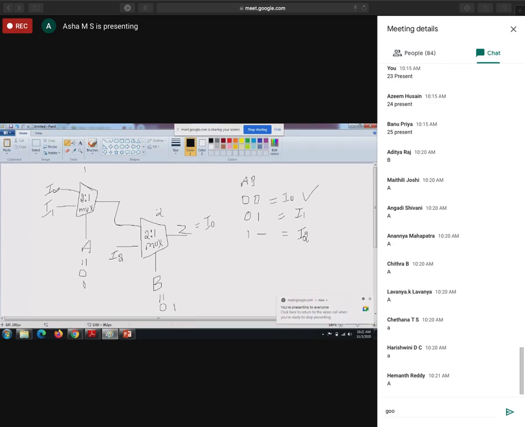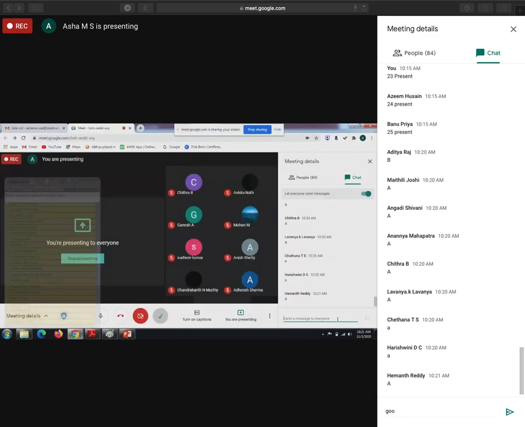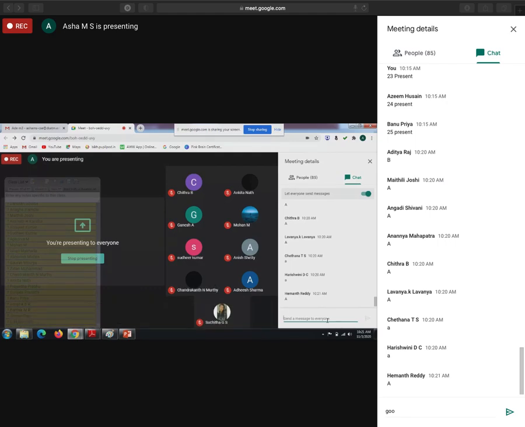But still it is selecting I naught. Guys, answer. For the second condition, when A equal to 0, B equal to 1, what do we need to select?